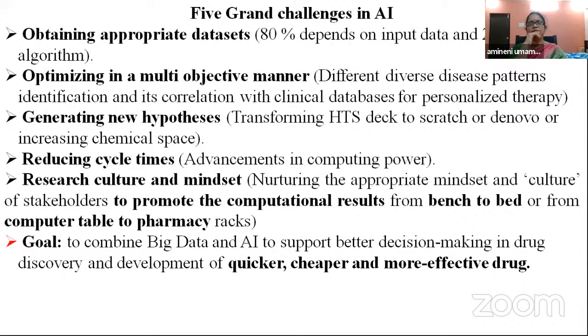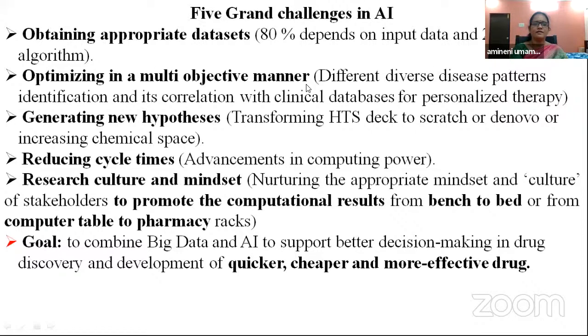So with this, I come to the conclusion, and there are some challenges in artificial intelligence. The first one is that it is data driven, so high quality data should be taken. 80% of the results is based on the input data, and only 20% weightage is given to the algorithms.